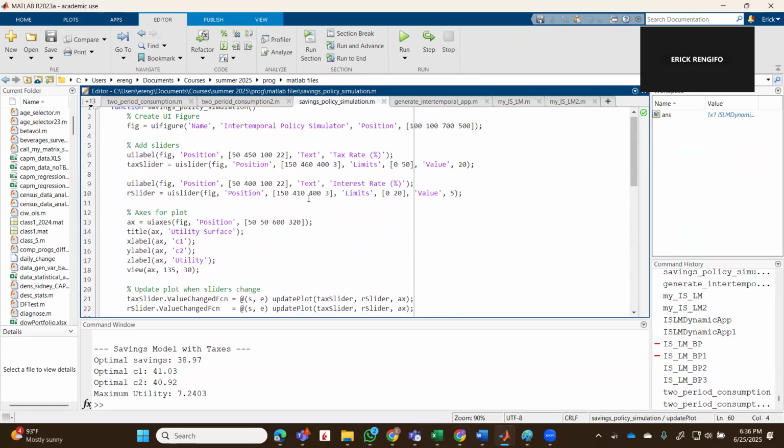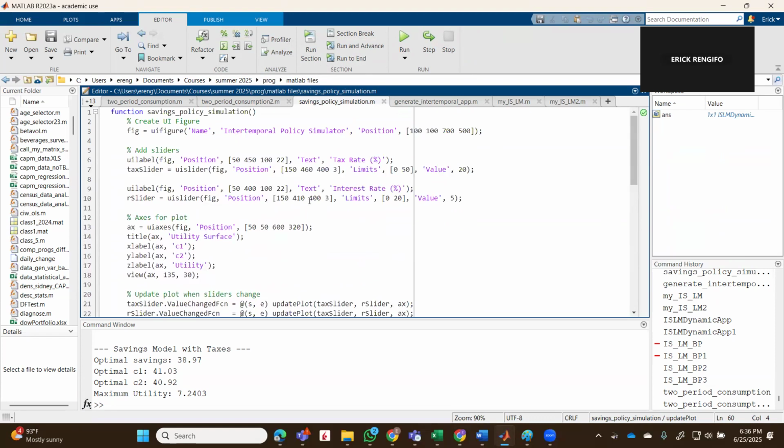Can you run this one here and see what happens? One minute for you to run.